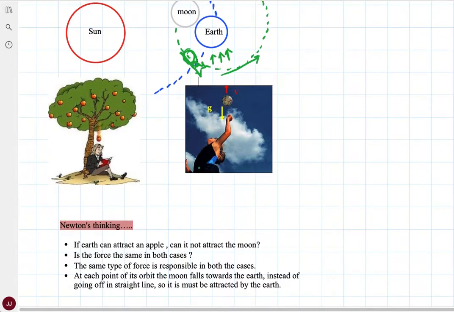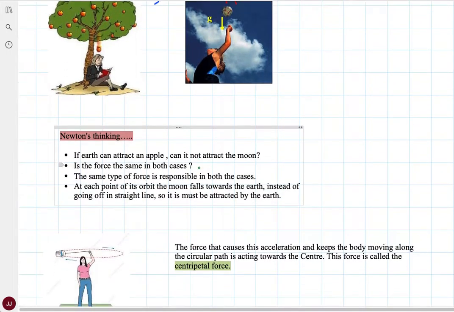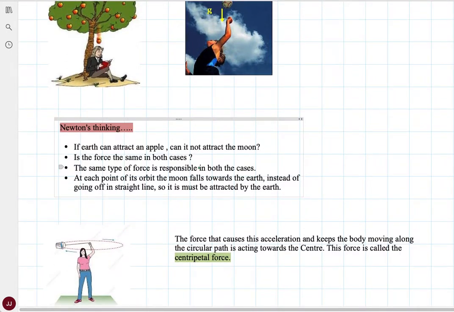So he observed and he said that this kind of motion, the force that causes the acceleration that keeps the motion along the circular path, and is attracted toward the center, is called the centripetal force.